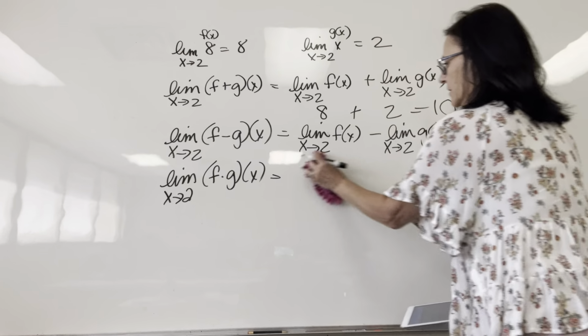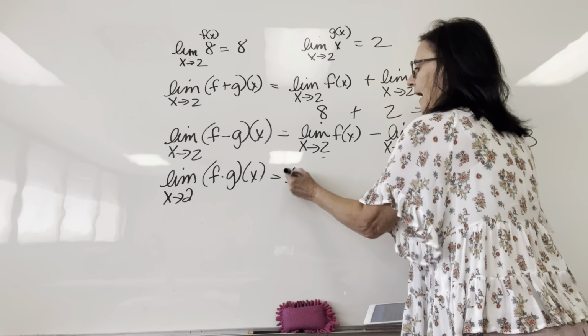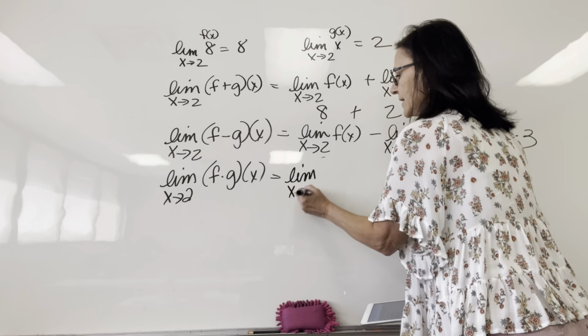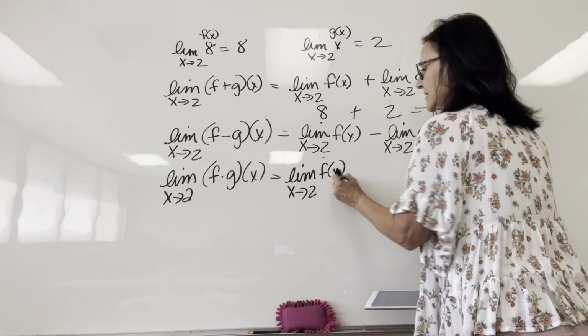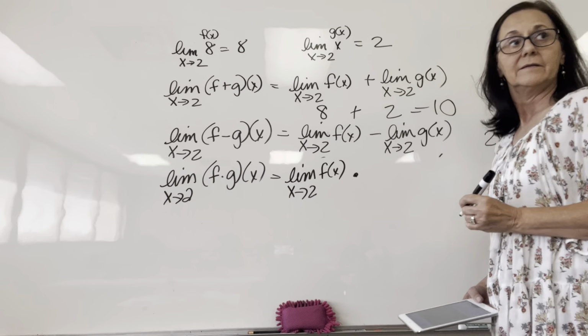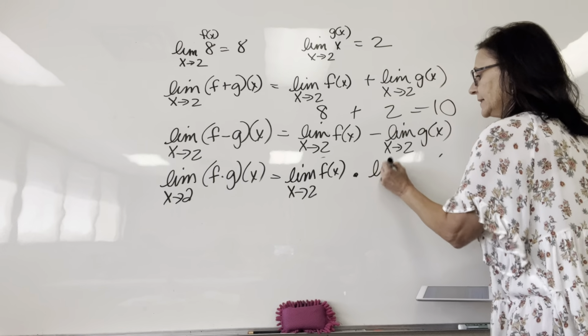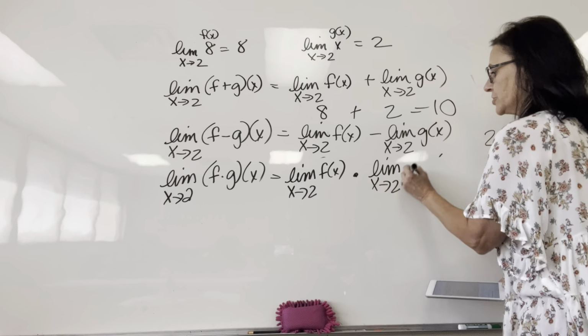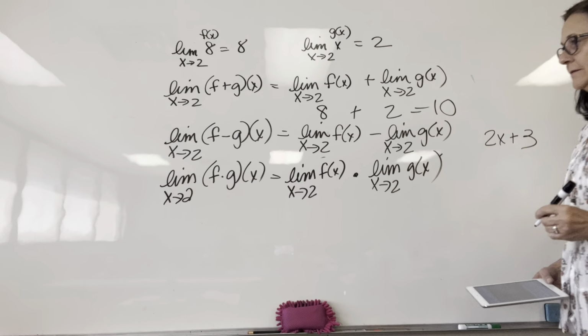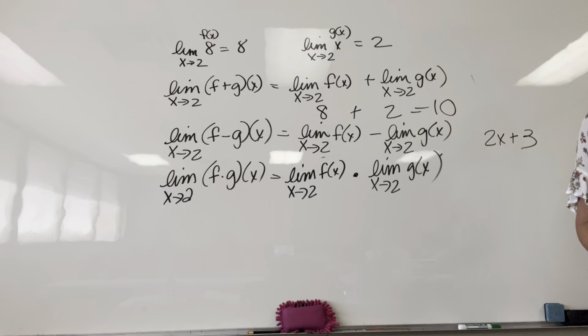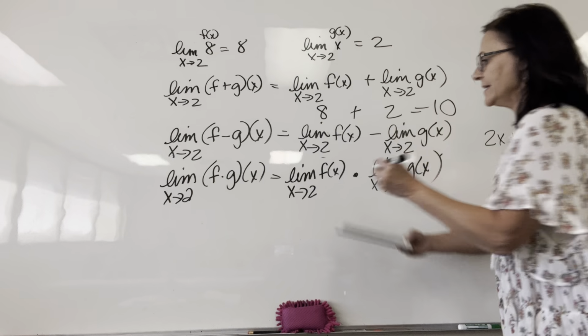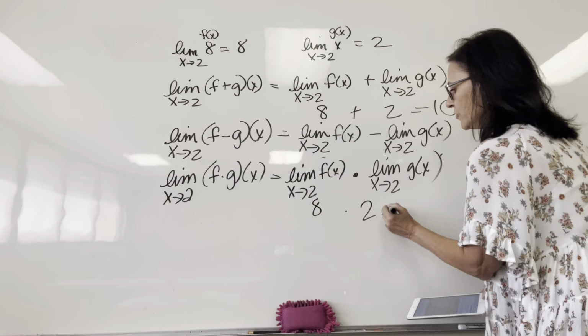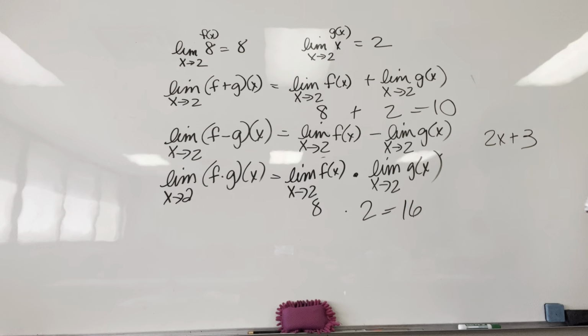I wrote it kind of close. It's the same thing as the limit as x approaches 2 of f of x times the limit as x approaches 2 of g of x. So this would be 8 times 2, which is 16.